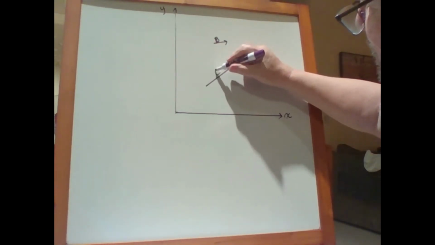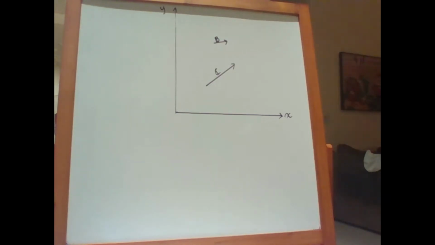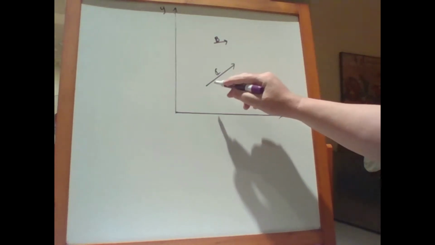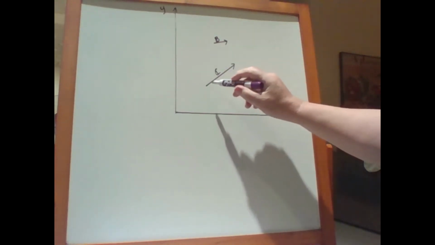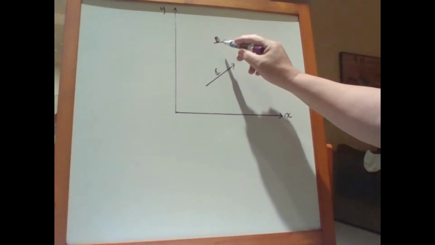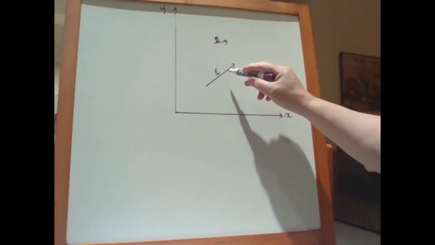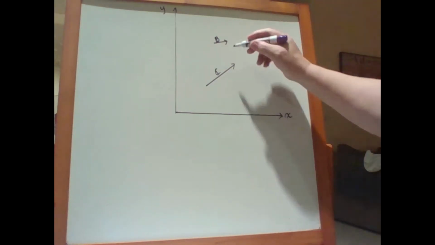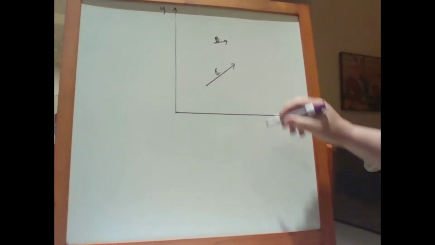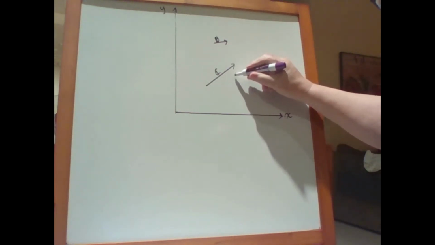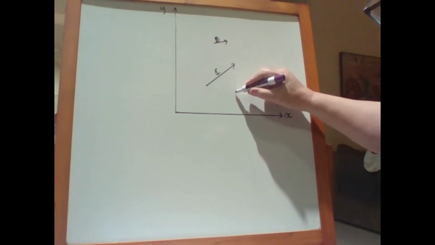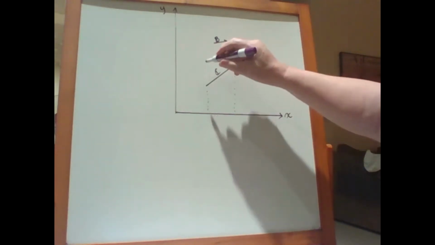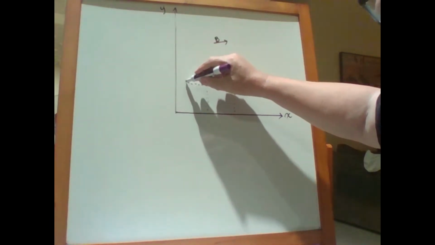We'll call this C, and we can see that B is in a different direction than C. We can see C is longer than B, so we presume then that C is a greater magnitude than B. And we can see that C can be represented as having X and Y components to it.